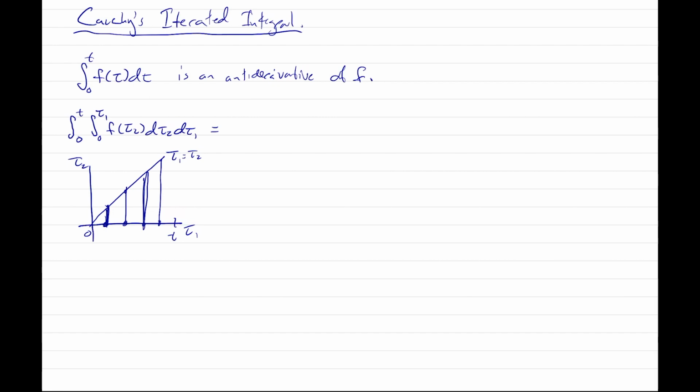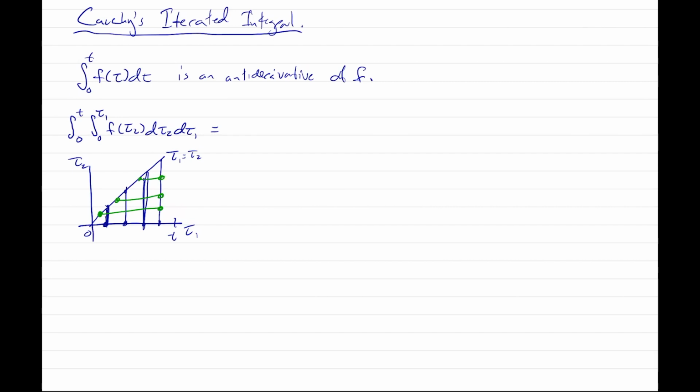All right, but we'd like to do this in the other direction. I want to now swap the integrals, so that means we're going to fix tau 2, and then tau 1 is going to run. So if we want to cover the same area, tau 1 needs to start at tau 2, and it needs to go up to t. Right?